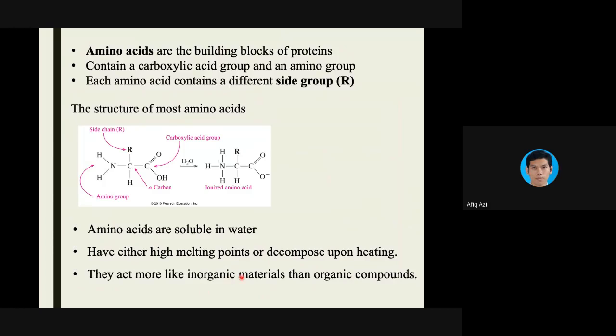Okay, they act more like inorganic materials than organic compounds, in the sense that, for example, like this one, when it is introduced into water, it ionizes to become this so-called ionized amino acid. So one hydrogen from this OH will be removed, while this nitrogen, which contains a lone pair, accepts another hydrogen from this H2O.